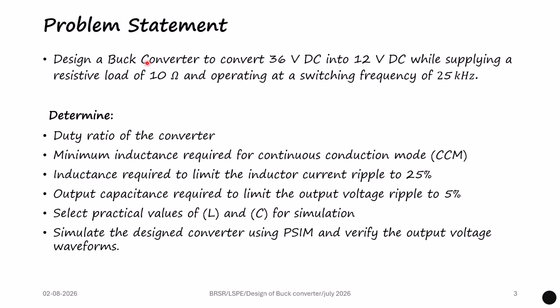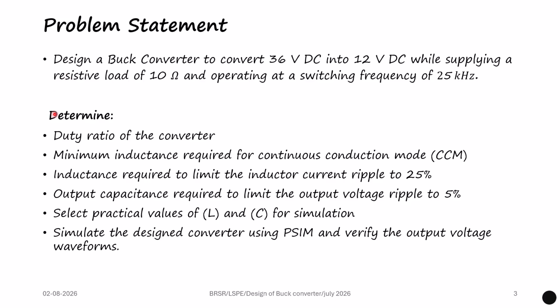The problem statement is to design a buck converter to convert 36 volts DC to 12 volts DC while supplying a resistive load of 10 ohms and operating at a switching frequency of 25 kilohertz. The input voltage is given as 36 volts, the output voltage is given as 12 volts. It is connected to a resistive load of 10 ohms and it is operating at a switching frequency of 25 kilohertz.